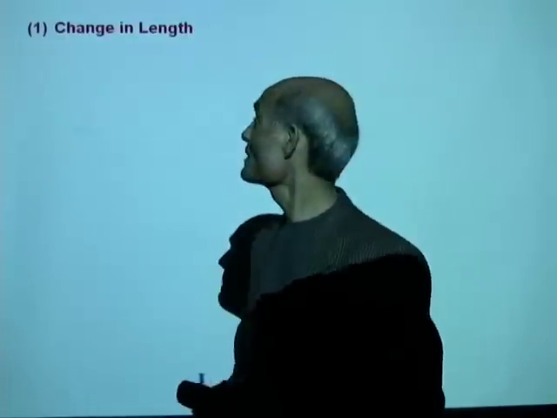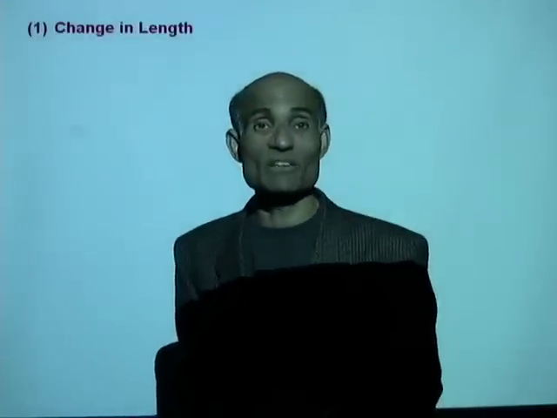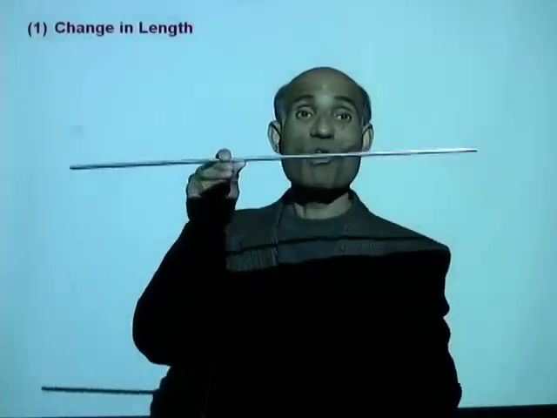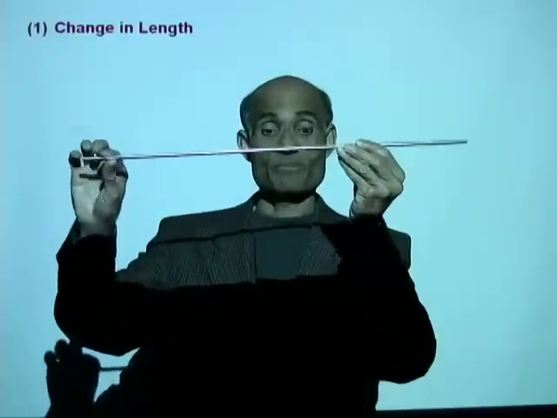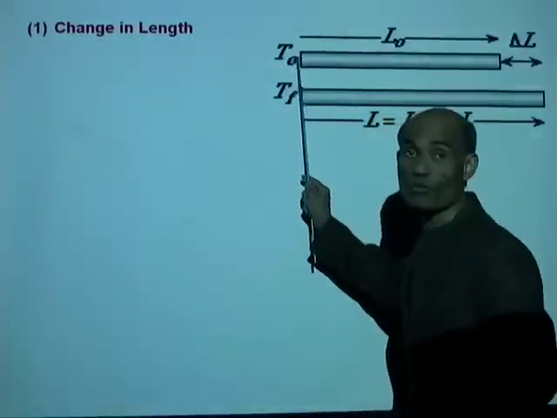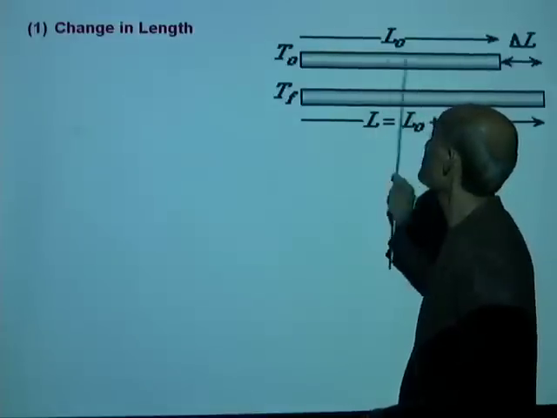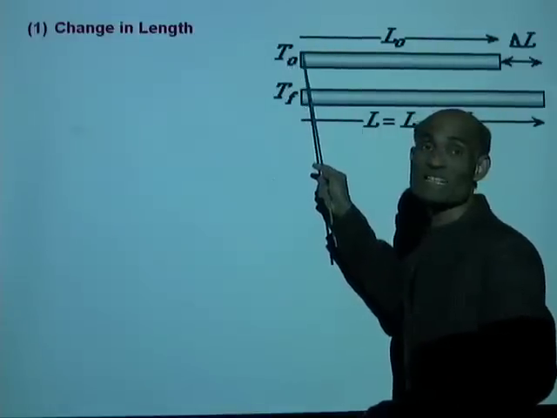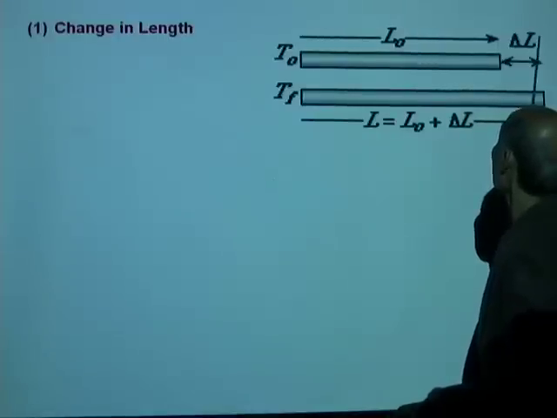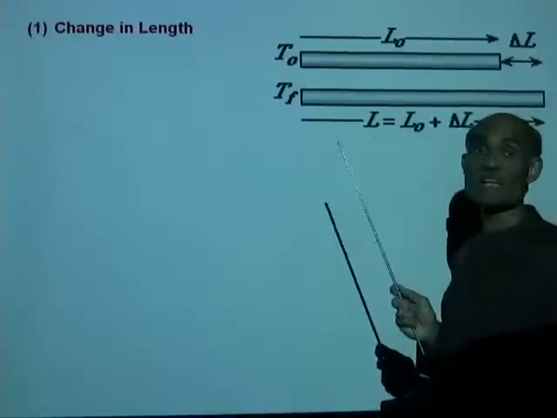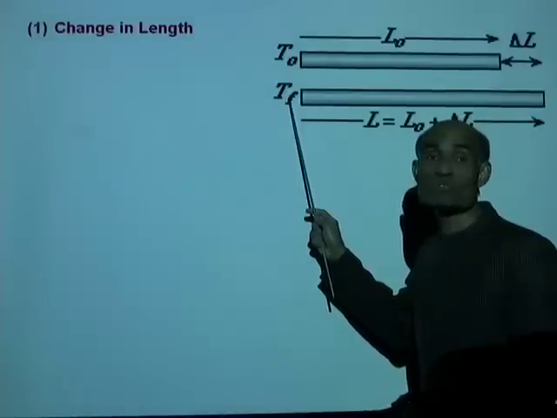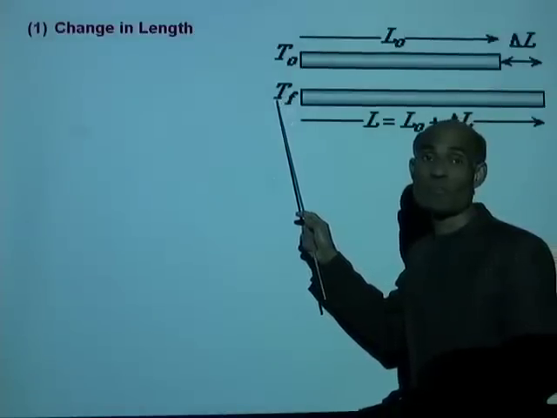Let's start looking at the change in length when heat is supplied to an object in the form of a rod. Okay. Now, here I have a rod of original length L0 at a temperature T0, and its length increases by a small quantity delta L when the temperature is increased to TF.